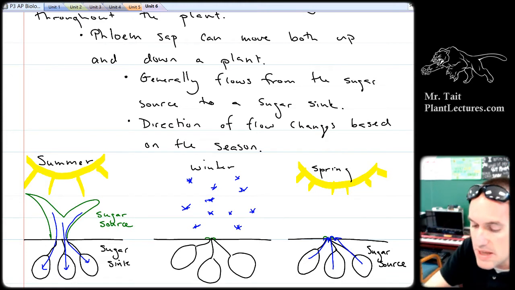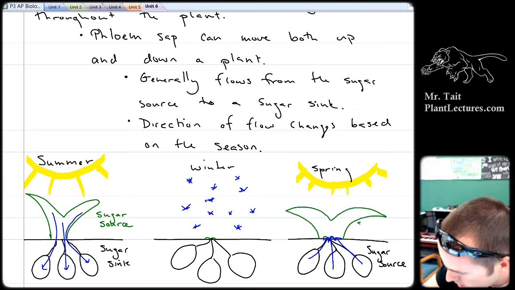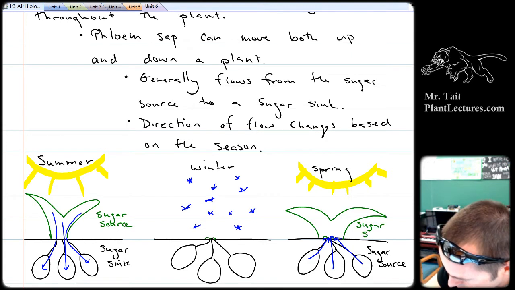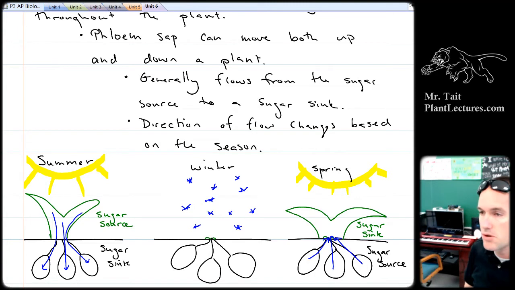Okay? Those leaves can then use that sugar, that energy, and that actual raw material of sugar to grow. And it gives them a jump start, allows them to grow their leaves again.